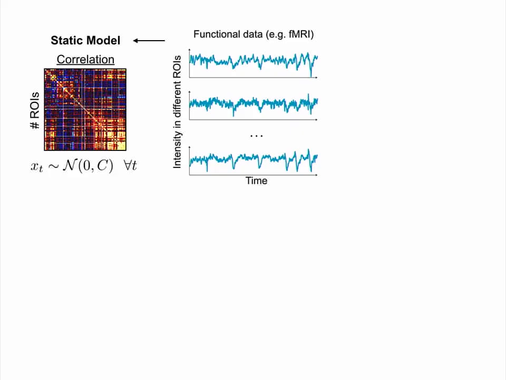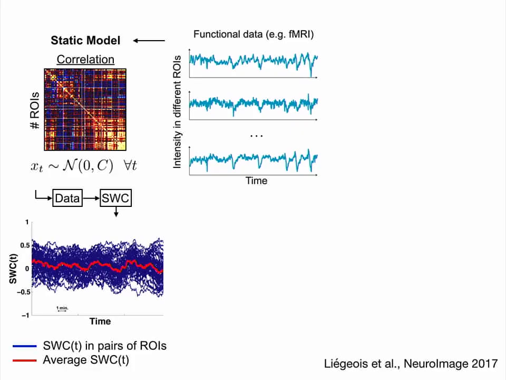And if you generate data from this model, this null model, and then apply a sliding window correlation on it, this is what you get, where the blue curves represent the time courses of correlation between different pairs of regions of interest, and the red curve is the average of the blue curves.